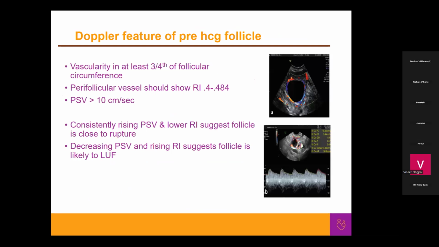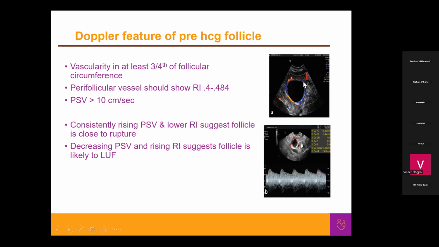Then what should be the exact value of Doppler before giving the maturation trigger? Vascularity-wise, perifollicular vessels should cover at least three-fourths of the follicular circumference. Perifollicular vessels' RI, resistance index, should be between 0.4 to 0.48, and the peak systolic velocity should be more than 10.